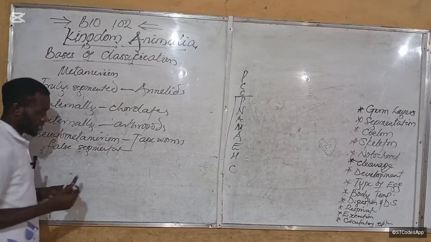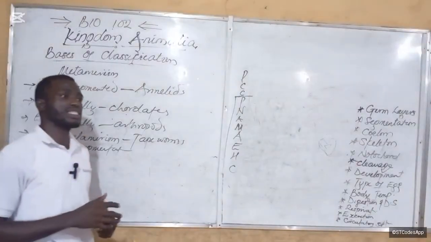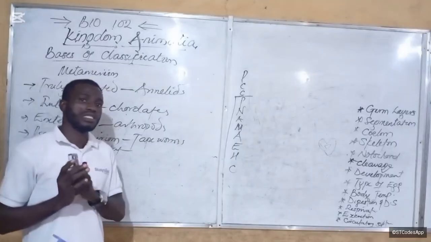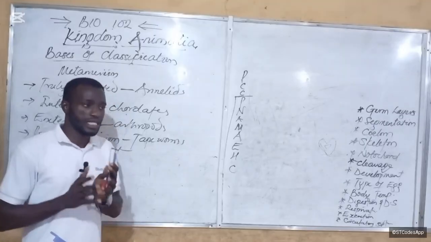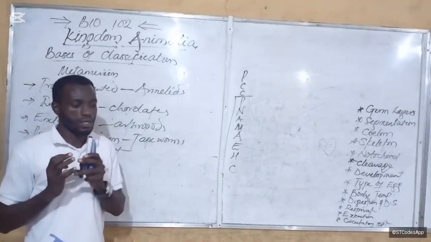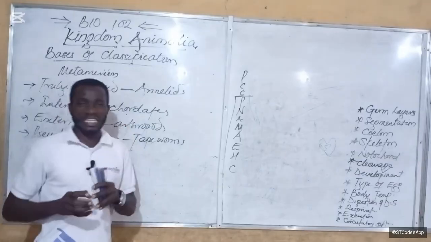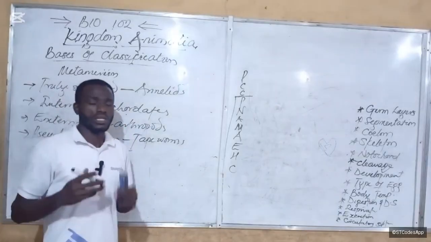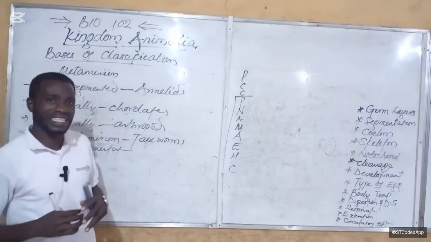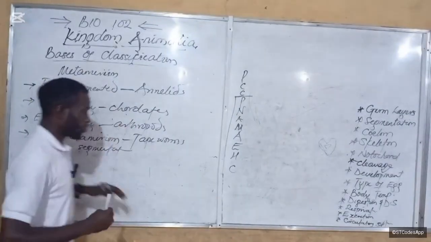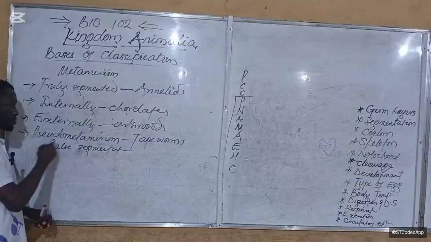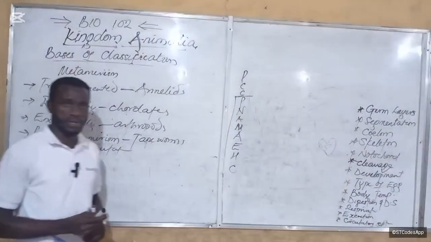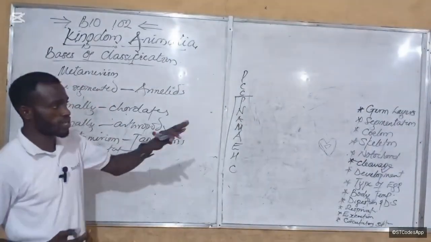What false segmentation means is this: the organism is not segmented in its embryonic stage. The segmentation only happens in the adult. Is that clear? Because of that, we say it is not true segmentation, it is false segmentation or pseudo-metamerism. And that is it for segmentation.